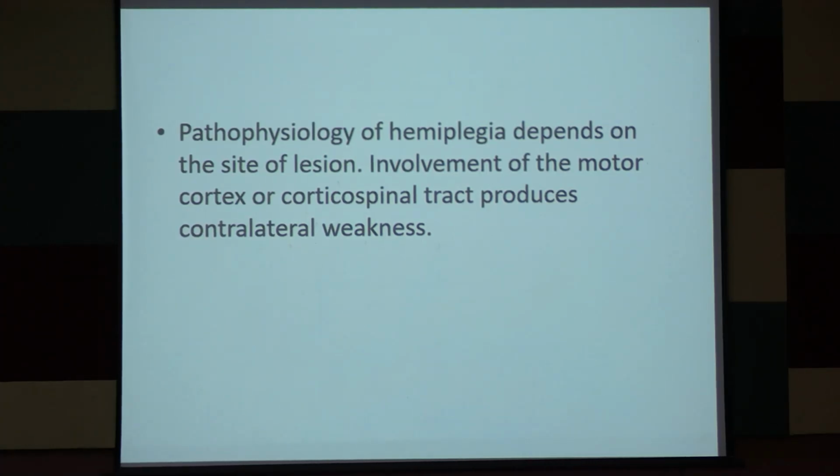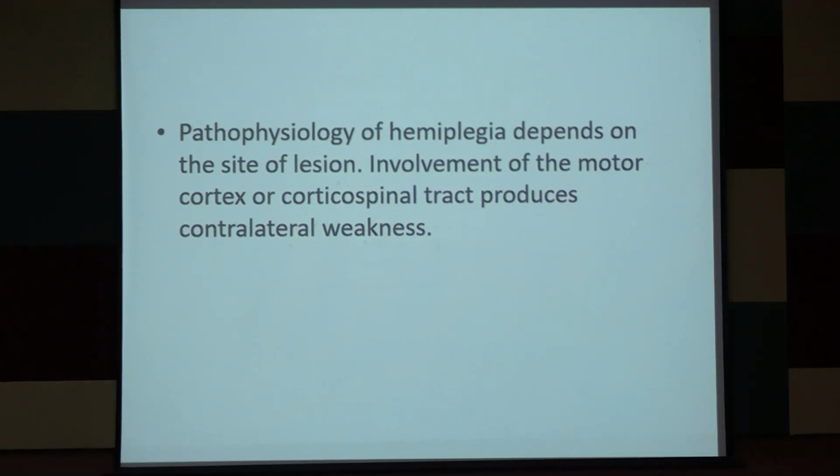This is also discussed, where you get the weakness. If the cortex is involved, which part of the cortex is involved and what is represented in that part determines the manifestations. Usually convulsion is associated with hemiparesis in the case of cortex involvement.